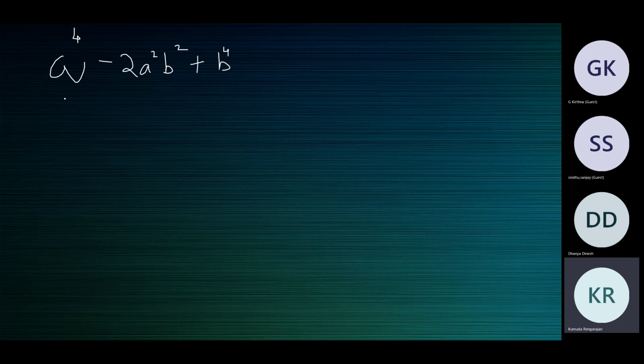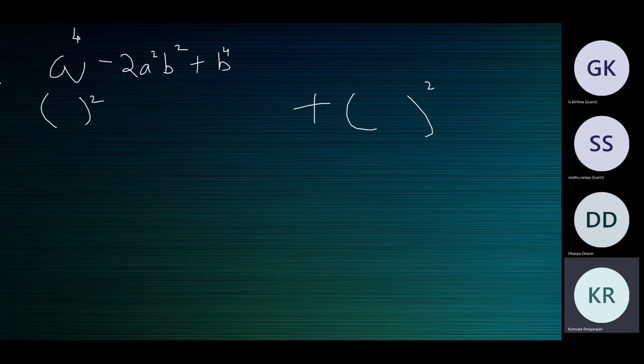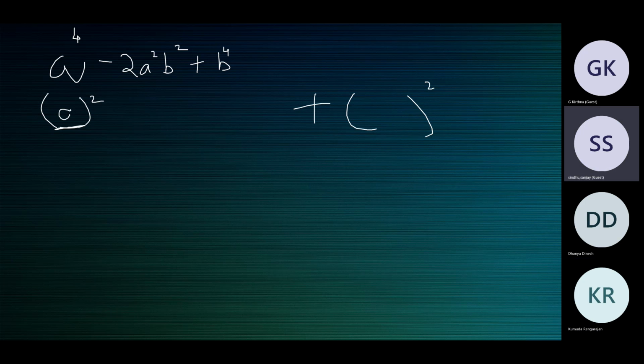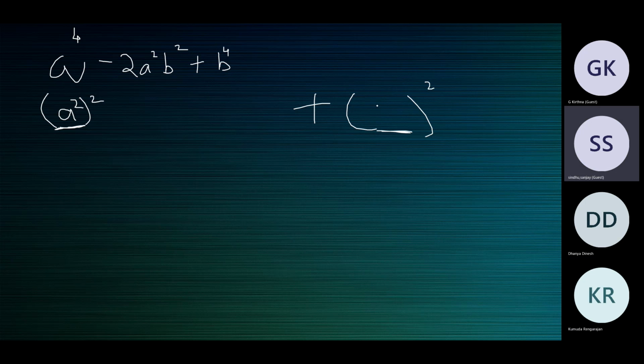So we can show that the given expression is of the form x square plus y square. So let's find out x square and y square, children. What is x here? A square, ma'am. What is y here? B square, ma'am.